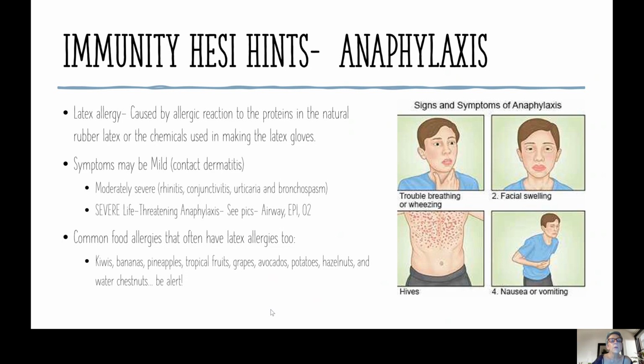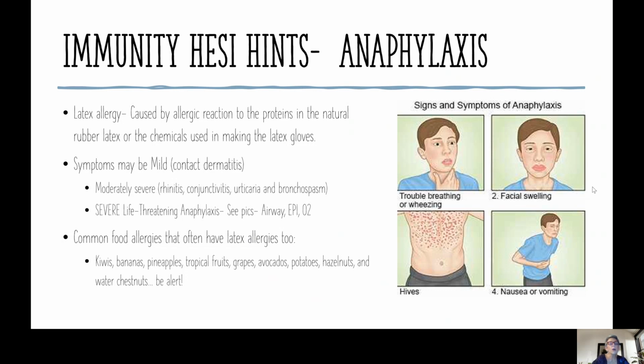This is caused by reaction to the proteins in natural rubber latex or the chemicals used in making latex gloves. Fortunately, today we don't have a whole lot of those, but anything can trigger it. It could be latex or not, or a bee sting, or any of these things. But the symptoms of anaphylaxis could still occur.